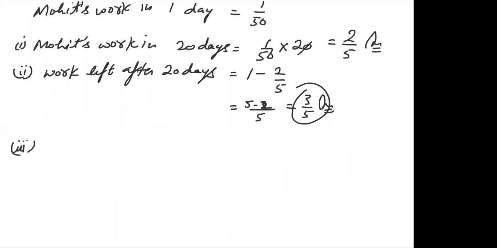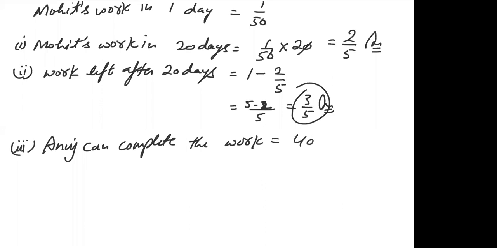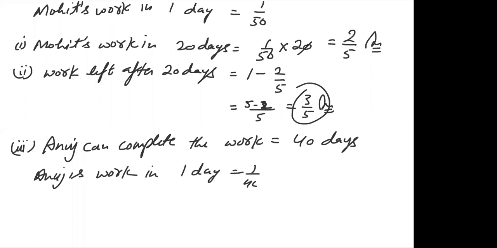Anuj can complete the work in 40 days. So Anuj's work in 1 day is equal to 1 upon 40, but he has to do this much of work, 3 upon 5 work.